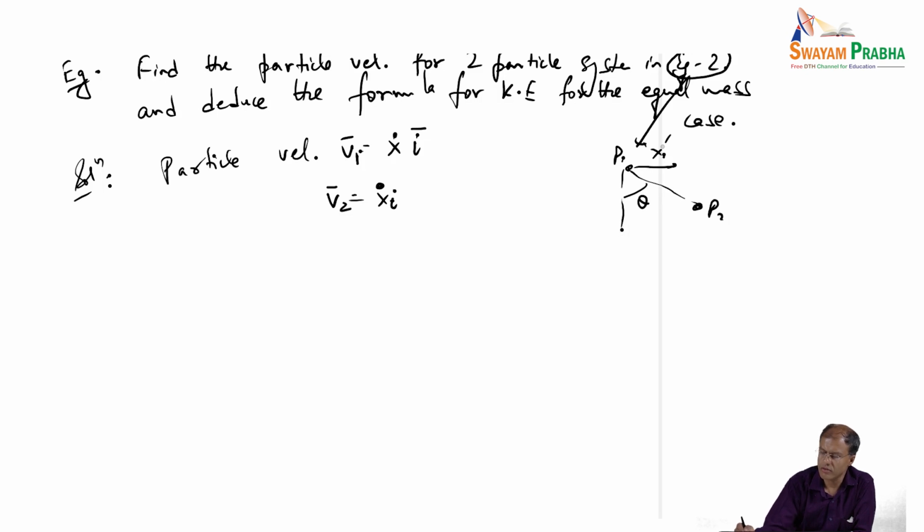So it has a set of two generalized coordinates. This was the moving and rotating pendulum. In that case, V2 is going to be x dot i plus a cos theta i plus a sin theta k, times theta dot.